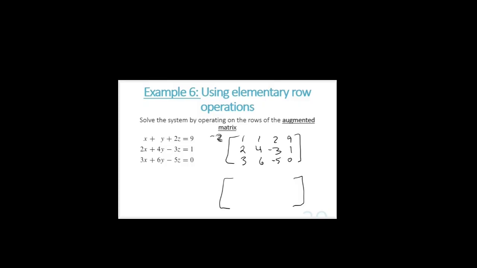Here you have -2 times 1, that's -2. Plus the second, what would that give you? It's going to give you 0. Then -2 times 1 plus 4 is going to give you what? 2. Then we got -2 times 2, which is -4 plus -3. Okay, we got -7. Then we got -2 times 9, it's -18 plus 1, which is going to be what? -17. So we left that first row alone, and then we have this as our next step.